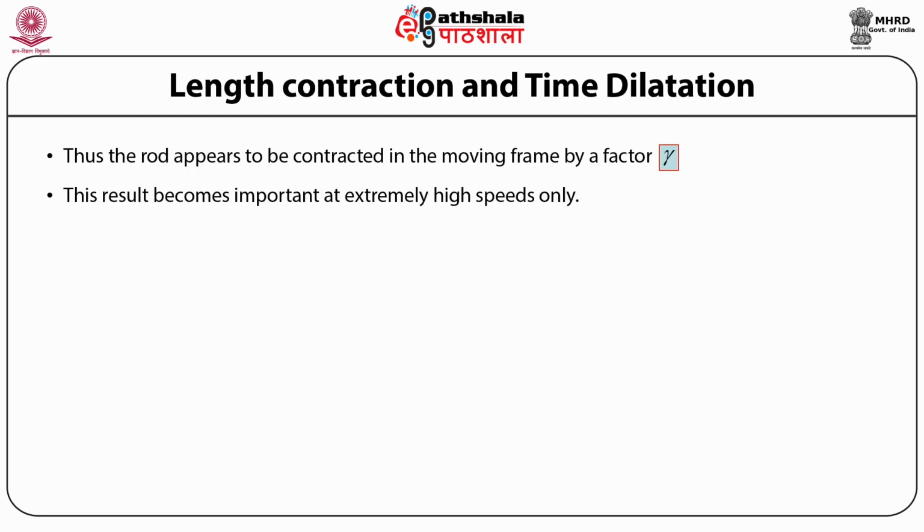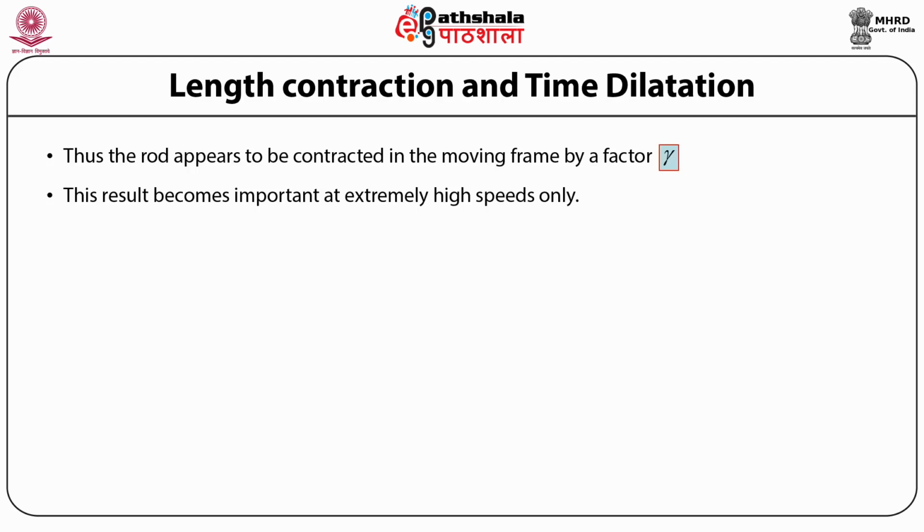And what is very important to note over here is that the speeds which we deal with in our daily life, that is the speed with which we are moving or the speeds with which our vehicles are moving, are negligible in comparison with the speed of light.